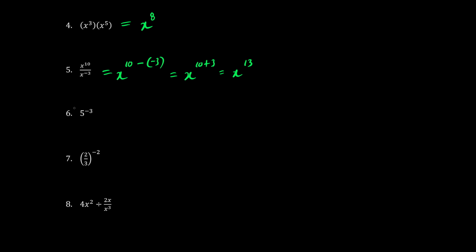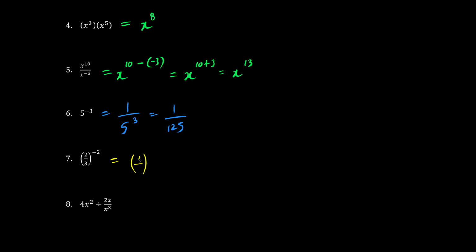Now what about negative exponents? When we have a negative exponent, we write it as 1 over the base to the positive version of the exponent. What is 5 cubed? It's 5 times 5 times 5, which is 125. And when we have a fraction to the negative exponent, I recommend that you flip the fraction.